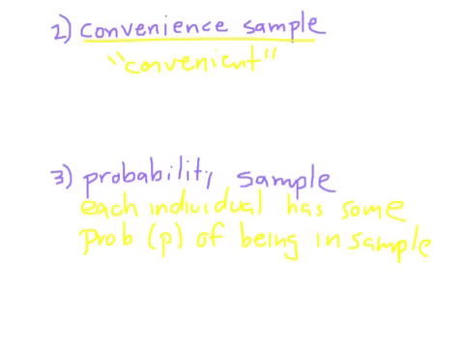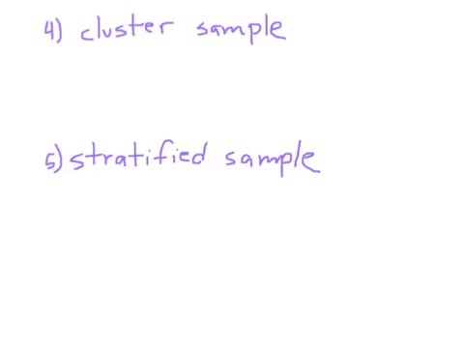So probability samples are less biased, which is a term we're going to talk about later on, but they do have the problem that really you cannot predetermine sample size. And by the way, the term we're going to use for sample size is something you've seen before. It's N. N is going to be always our term for sample size.